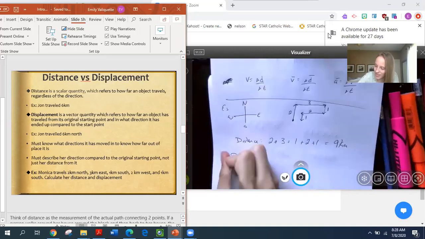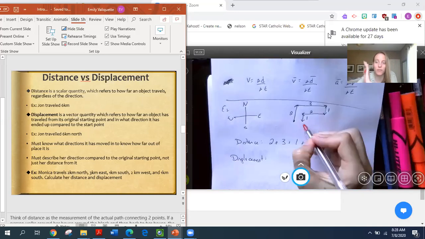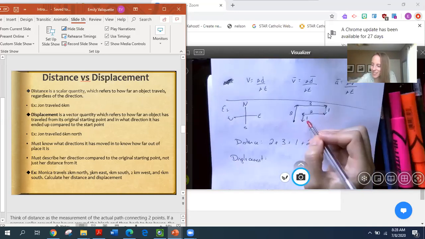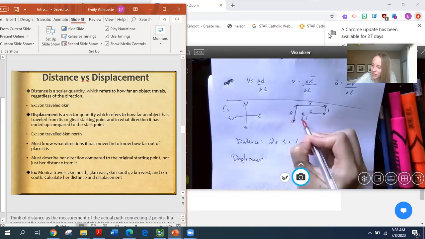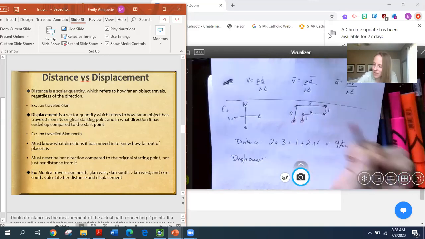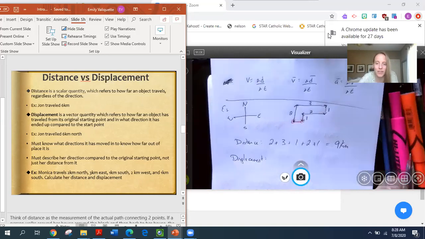However, if you are finding the displacement, you are finding the distance as the crow flies, the direct distance between where she started and where she ended up. So this length right there is all that her displacement is.